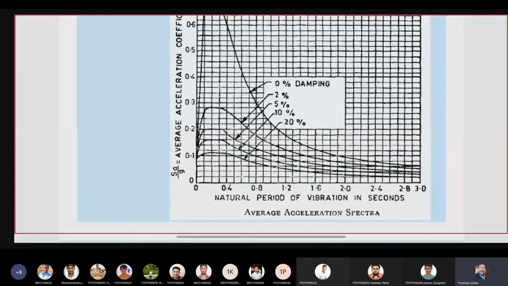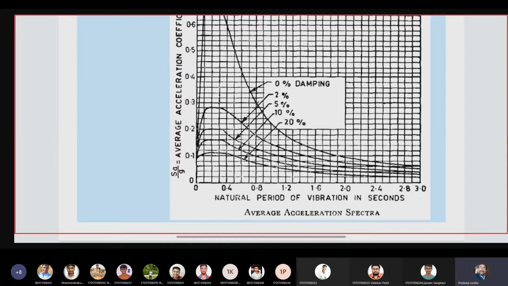So we selected that graph of 5% damping. Here different dampings are mentioned for different structures, and we calculate only for that. So for 5% damping as mentioned, based on that value we can calculate Sa by g, that needs to be calculated and taken into the alpha h coefficient, the horizontal coefficient of acceleration.